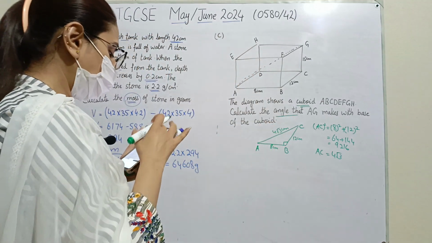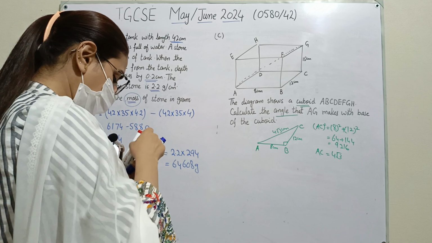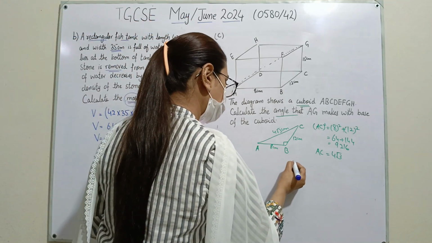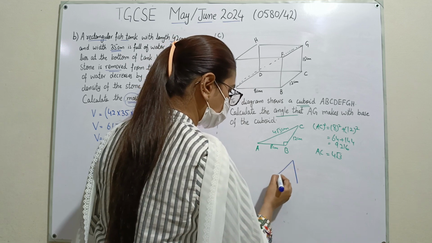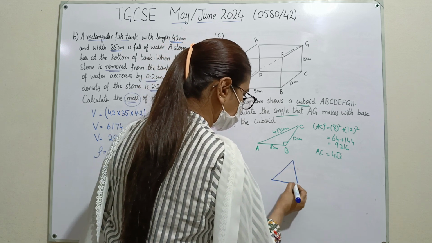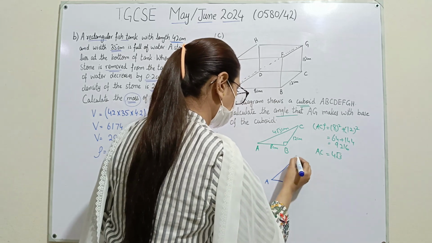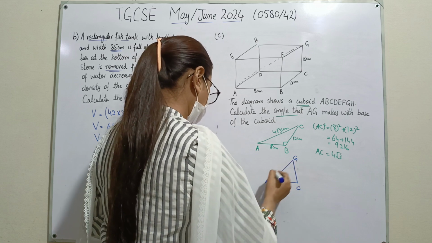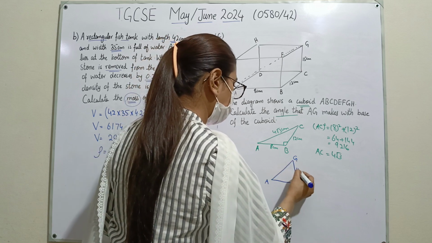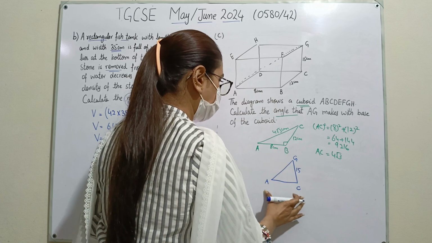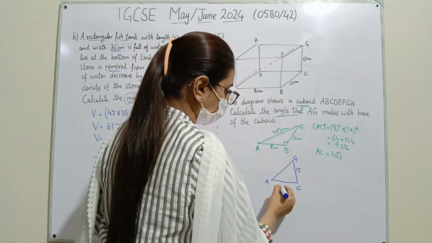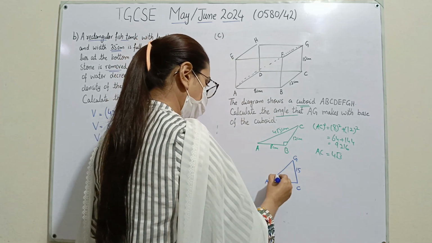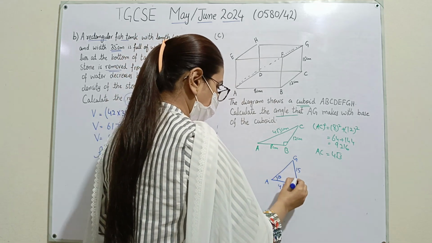But you have to find out the angle of AG with the base. Now take another triangle in which it is clearly mentioned this is A, this is G, while this is C. So AG, this is 15 as shown in the figure, and AC, the value of AC calculated in our figure is 4 square root 13. You have to find out the angle, that is theta over here, as this is a right triangle.